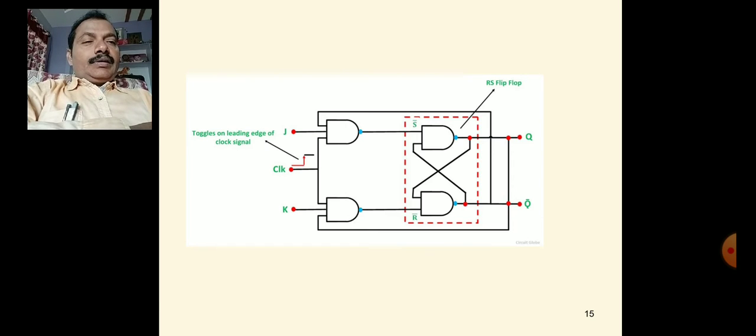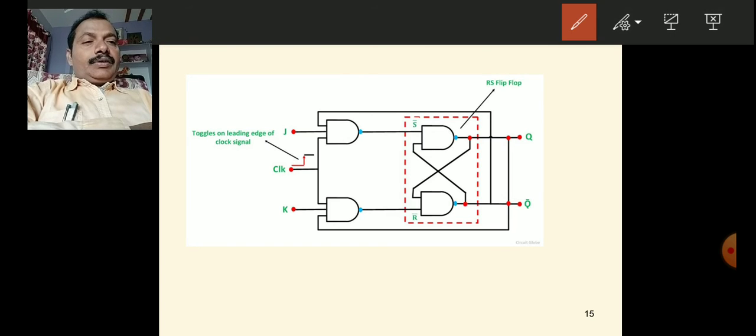This is the SR latch. Observe here that Q is fed back to this NAND gate along with the K input.